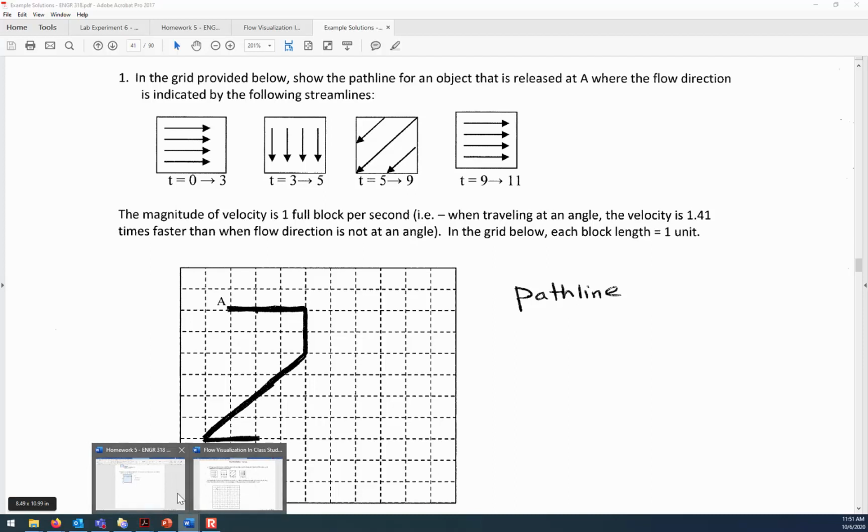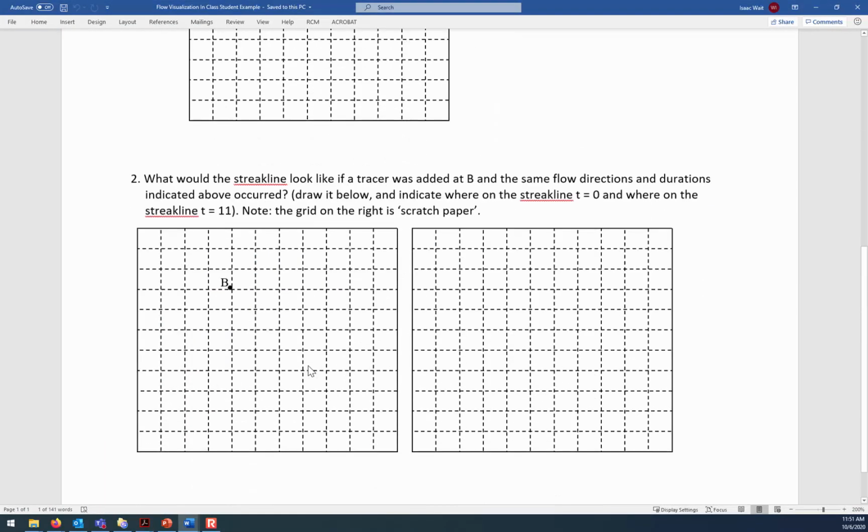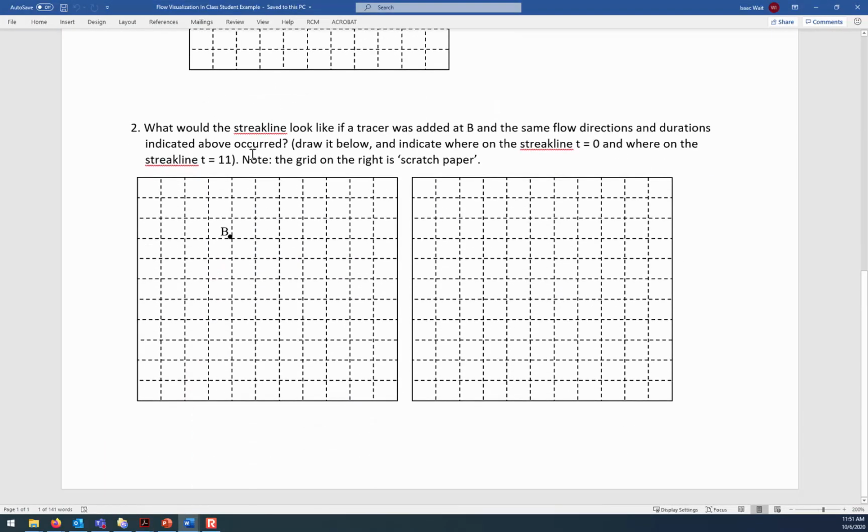In the second part of this example, though, it's asking you to draw the streak line. And so I give you the 2 different pieces of the 2 segments here, because the suggestion is first sketch out the shape of the streak line, and then you have to transpose it into the correct location.